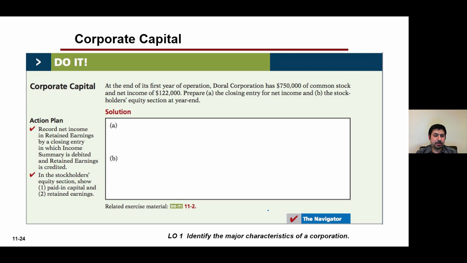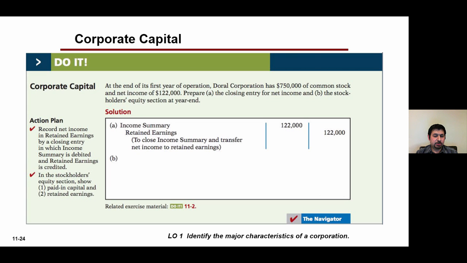Because we have here a net income, the closing entry would include a debit to income summary and a credit to retained earnings. This is the closing entry to close net income to retained earnings.